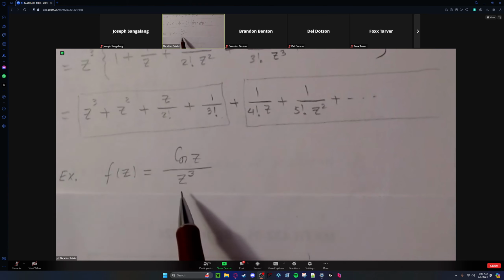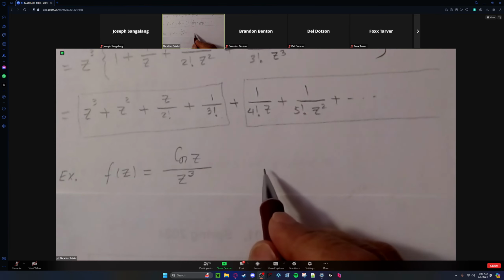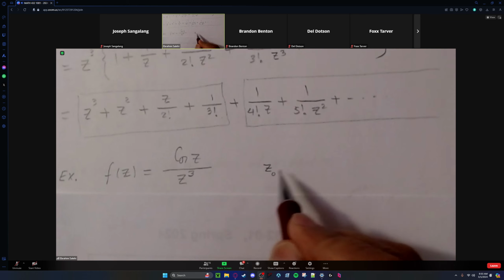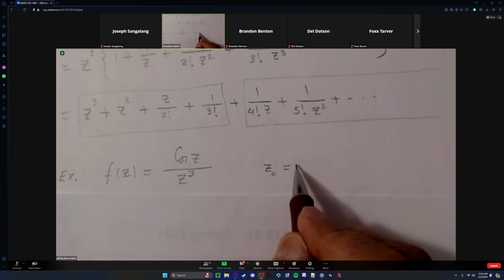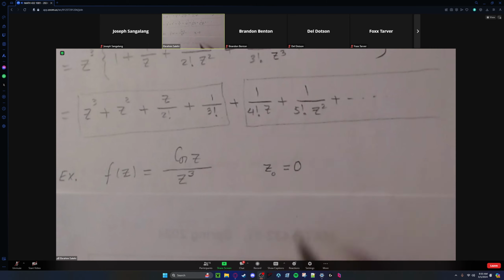Here is an example. z equals 0 is a bad point, the only bad point actually here, right? So the question is, what type of singularity is this?